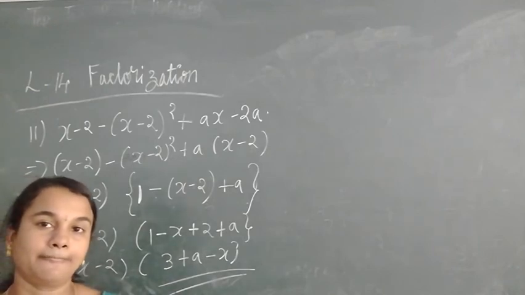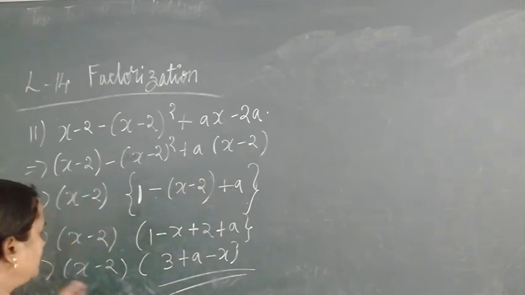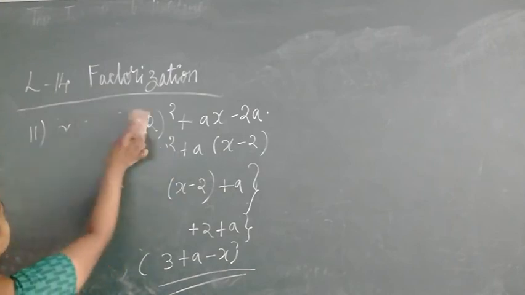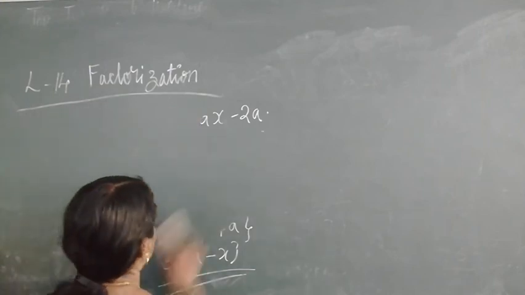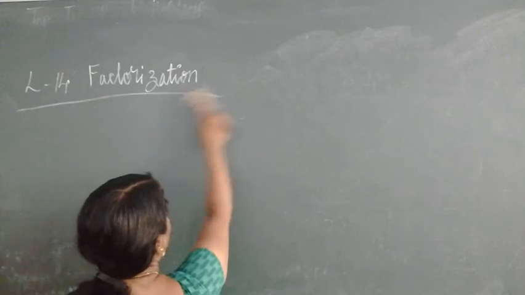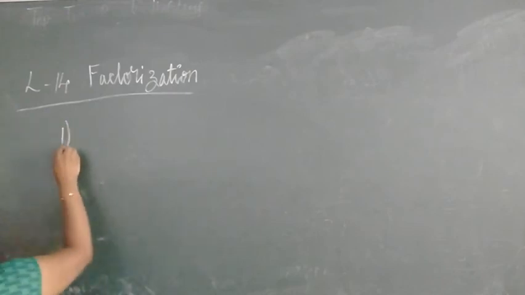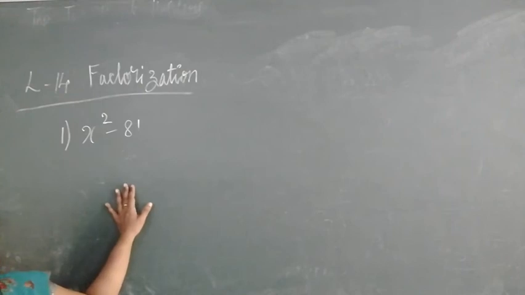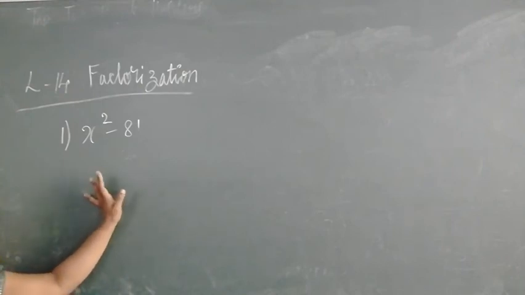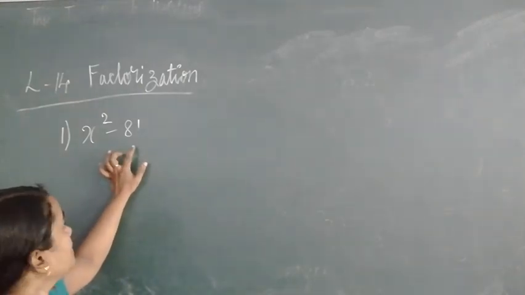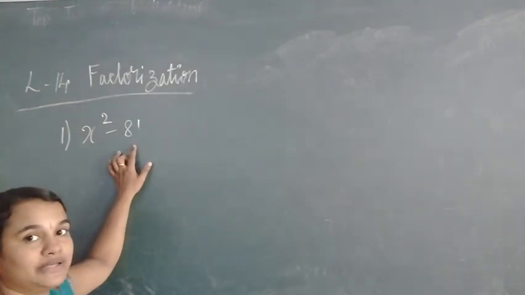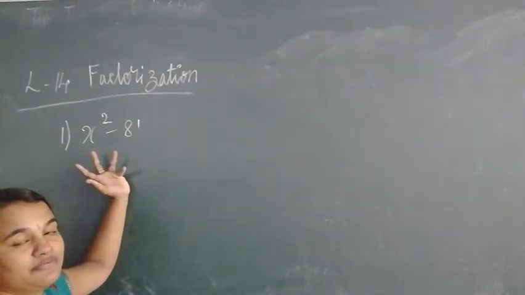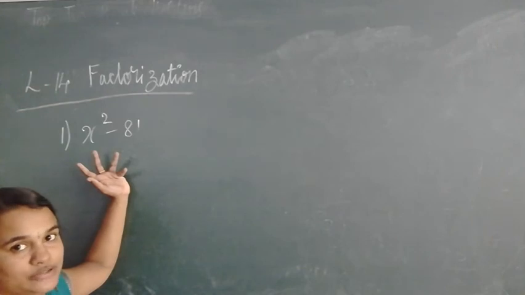Is it completed? Okay. Now 14C, first question. X square minus 81. By seeing only we will understand this is based on which formula? A square minus b square. 81 is given, means by seeing only we will understand that it is 9 square.